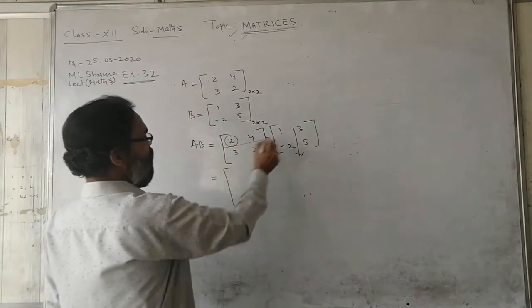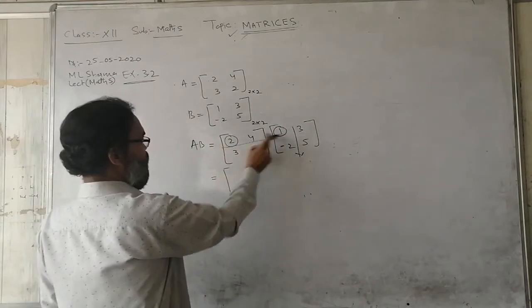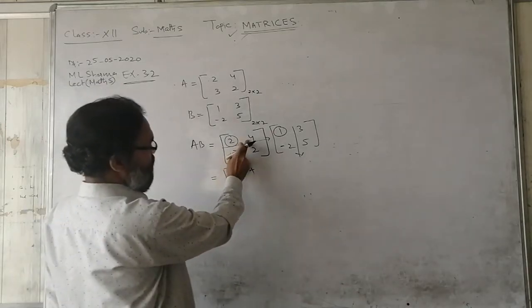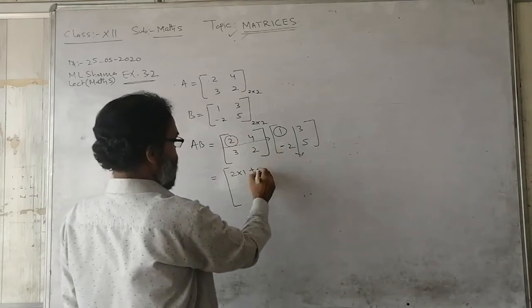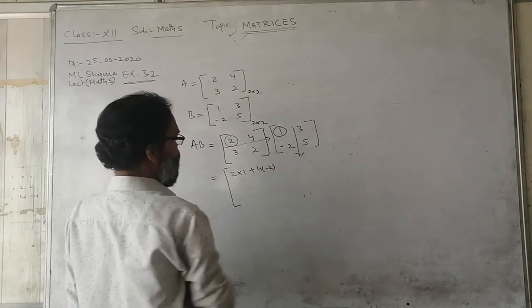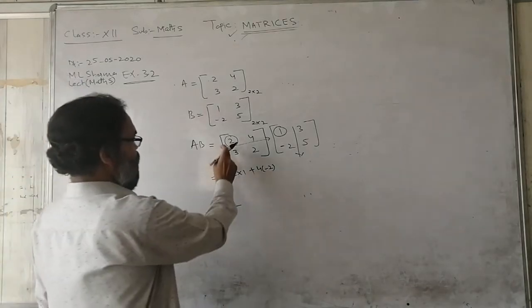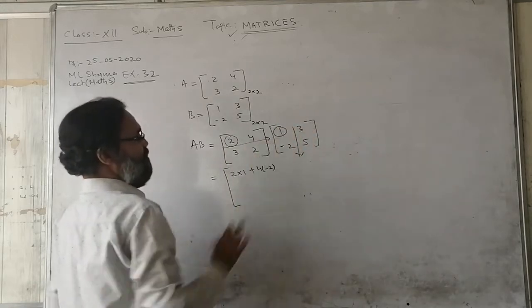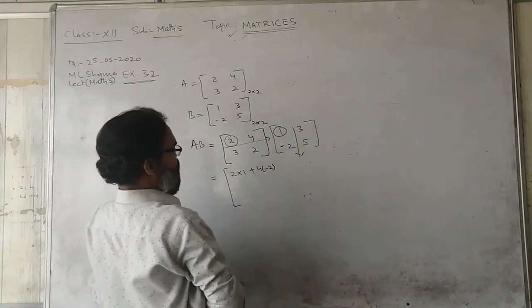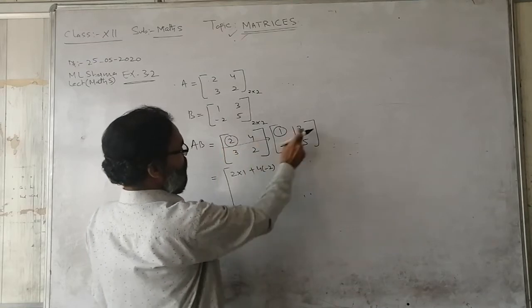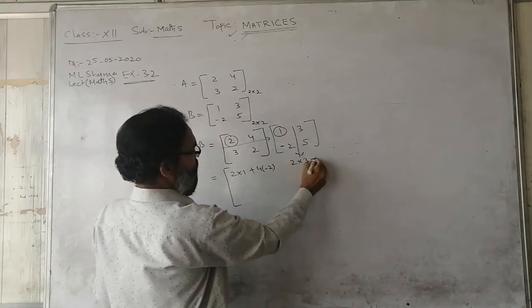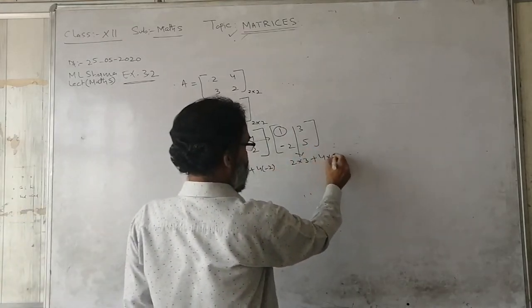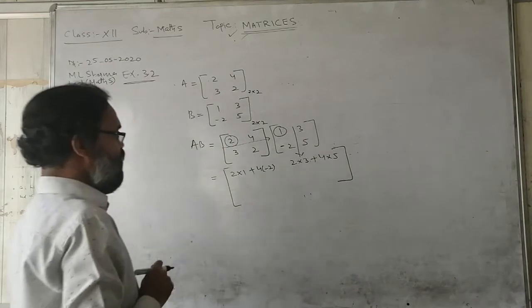So this is 2 into 1 plus, then 4 into minus 2. Then the same row R1 is to be multiplied by the elements of column C2, that is 2 multiplied by 3 plus 4 multiplied by 5. So these are the first row elements.